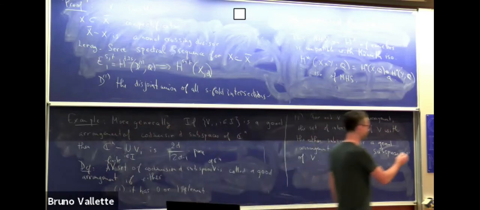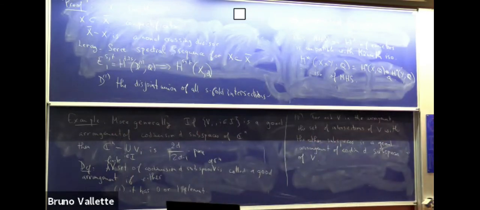But an example of such an arrangement, which is, I think, one of the running examples in this conference: you consider the space of ordered configurations of points in C^d. So this space Conf_n(C^d) is (C^d)^n minus all the diagonals.